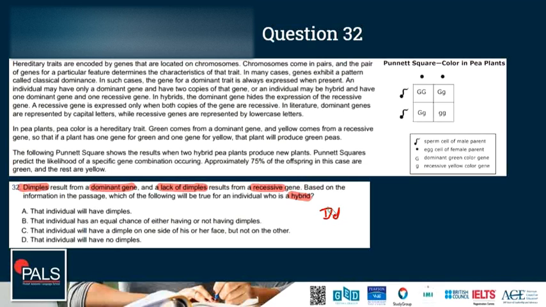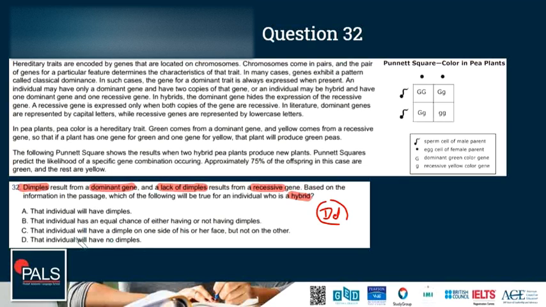That's our parent. That is a hybrid. That individual will have dimples. That individual has an equal chance of either having or not having dimples. That individual will have a dimple on one side, but not on the other. That individual will have no dimples.